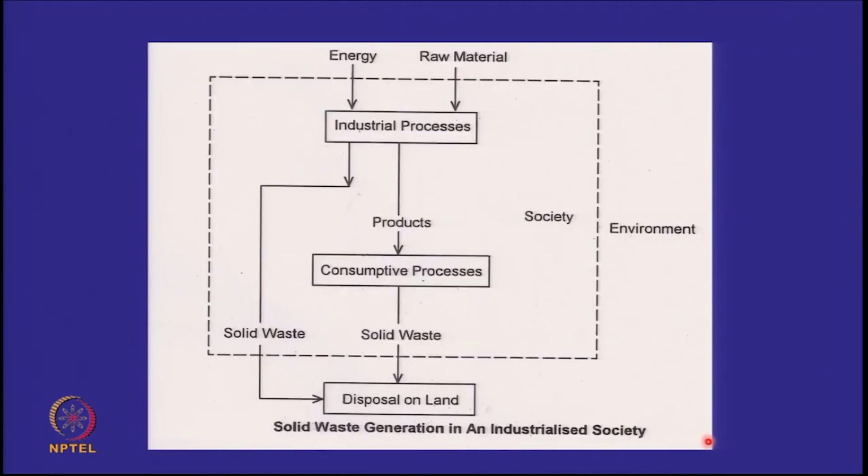So we did this diagram earlier. We are taking from the environment energy and raw material, and we are disposing the solid waste. If we are producing gaseous waste and liquid waste, which we are, what is happening? The gaseous waste is being treated and it produces solid waste. The liquid waste is being treated and it produces solid waste.